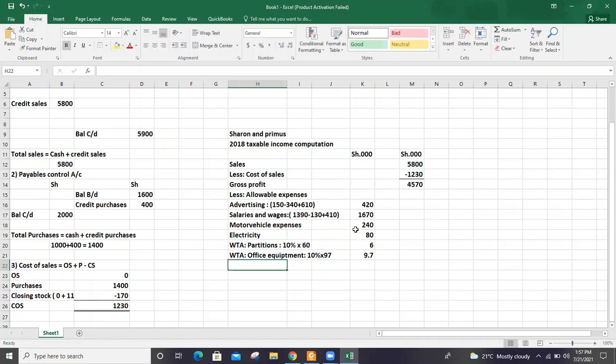Meals to employees, are they allowable? Yes. How much are the meals? 200. Loan interest? Loan interest is 35.